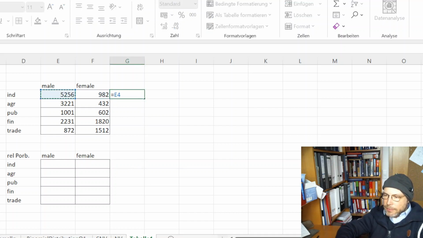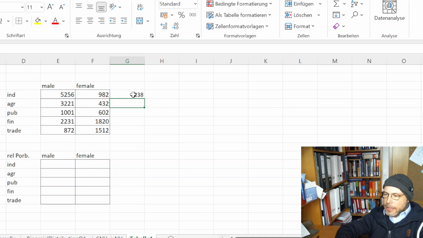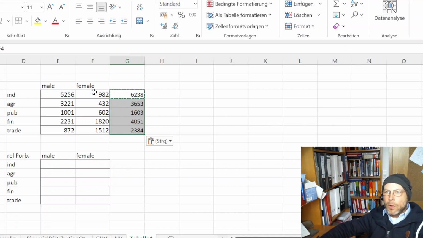So just 5,200 and anything plus 9,982. And again, this we can take down, and we have all the people who make their education in the different sectors.